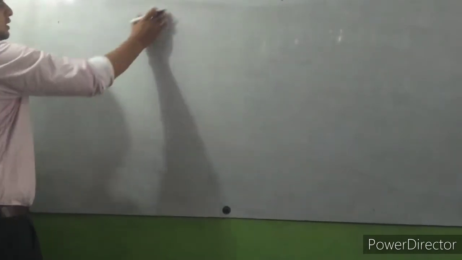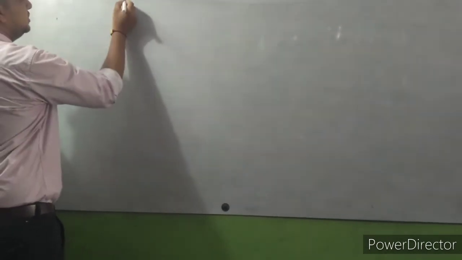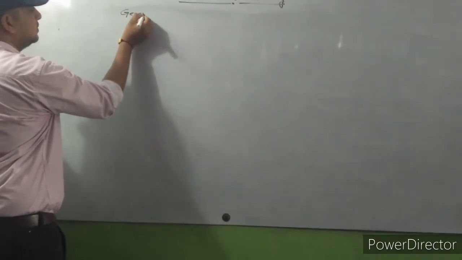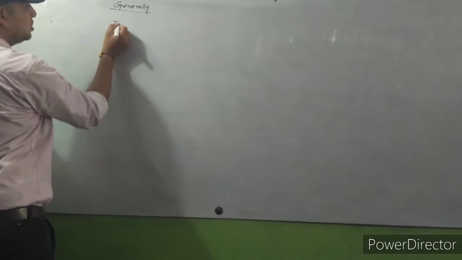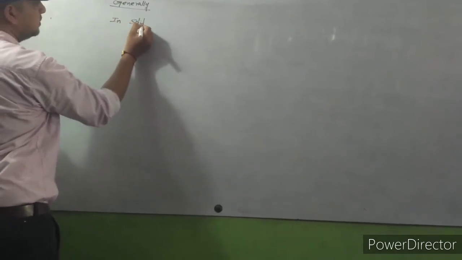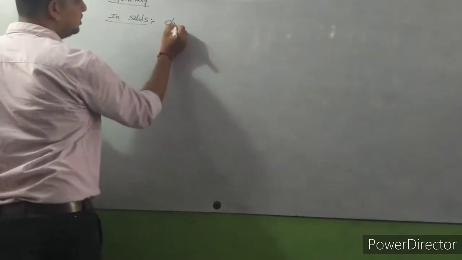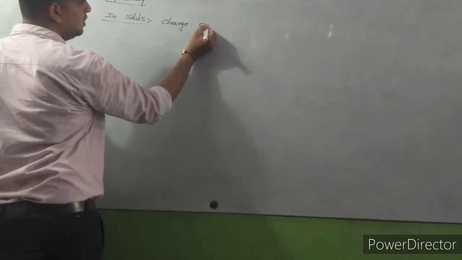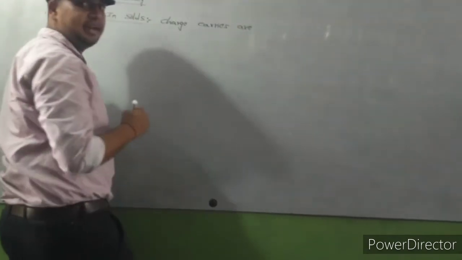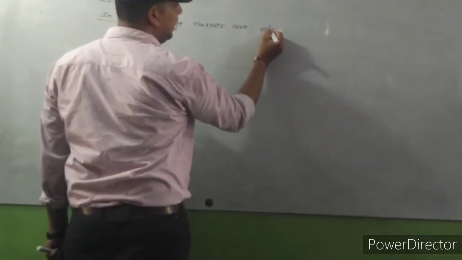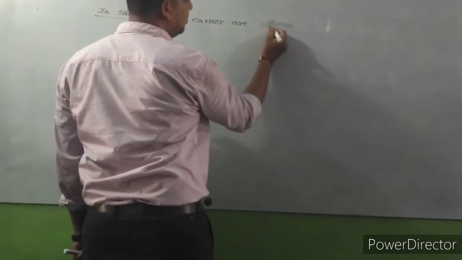Right. Observe here. Generally, in solids, charge carriers are electrons, free electrons.